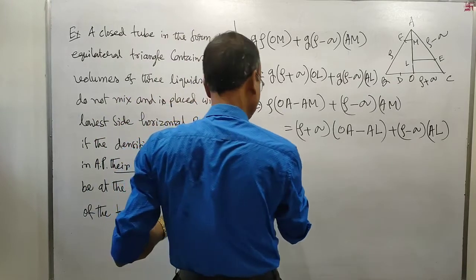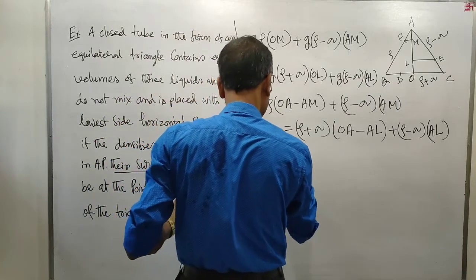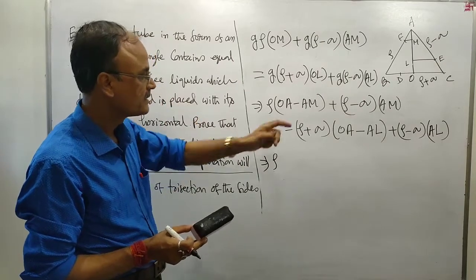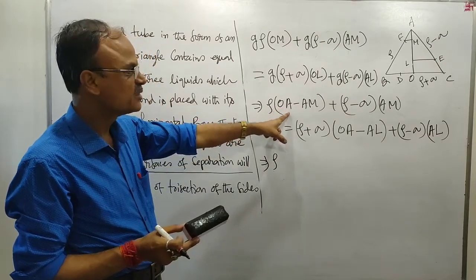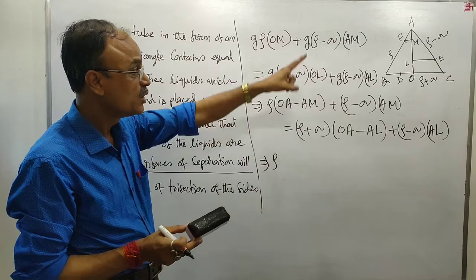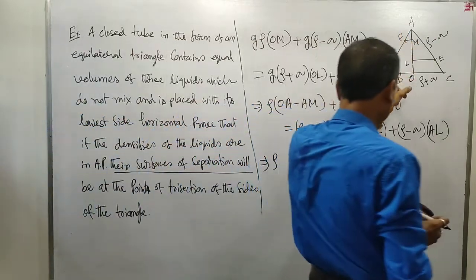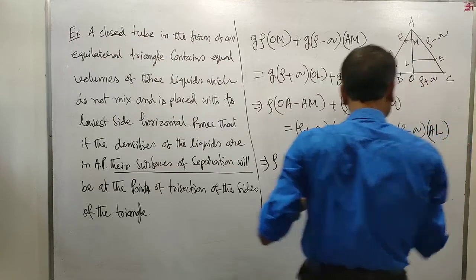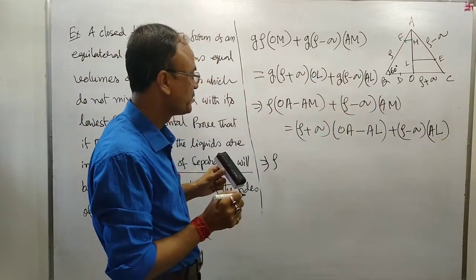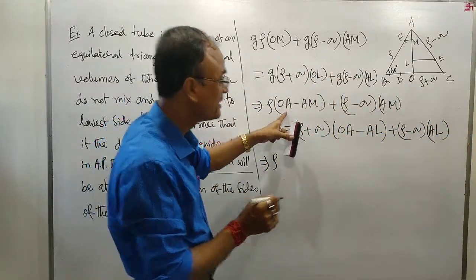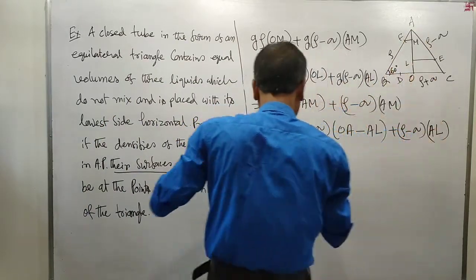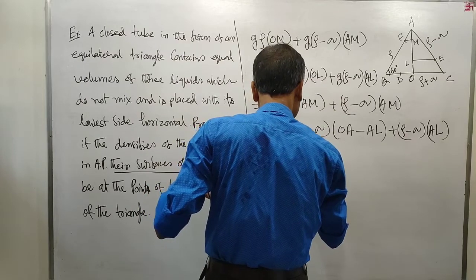Now you see, this means rho times OA minus AM. What is OA? OA is equal to AB sin 60 degree, since it is an equilateral triangle. AB equals a, so OA equals a sin 60 degree.